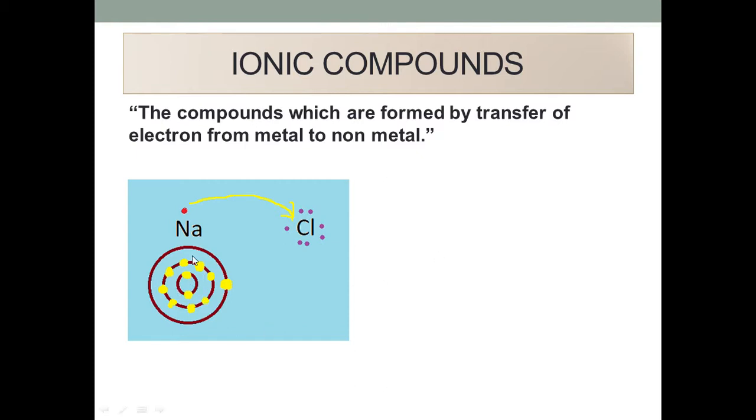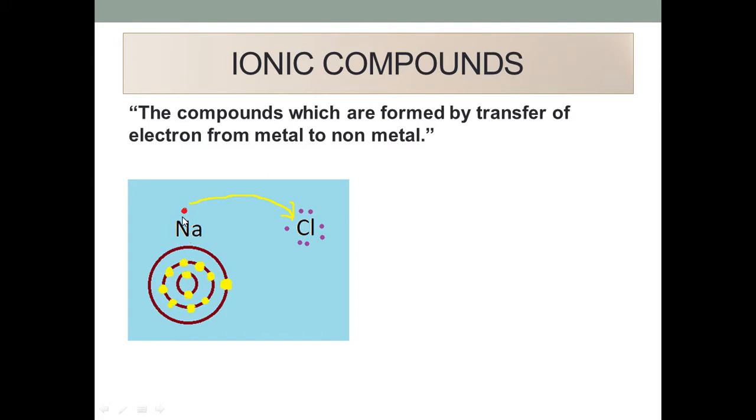We see the electronic distribution of sodium: 2, 8, 1, that is, 2 in K shell, 8 in L shell, and 1 in M shell. So one electron in the outermost shell is the valence electron. If sodium loses this electron from the outermost shell, it acquires an 8 electron configuration in its outermost shell, and it is quite stable.